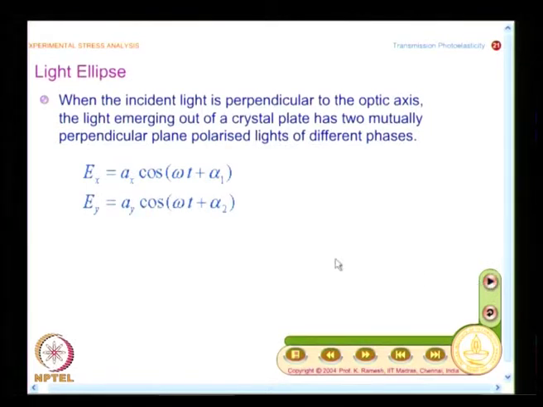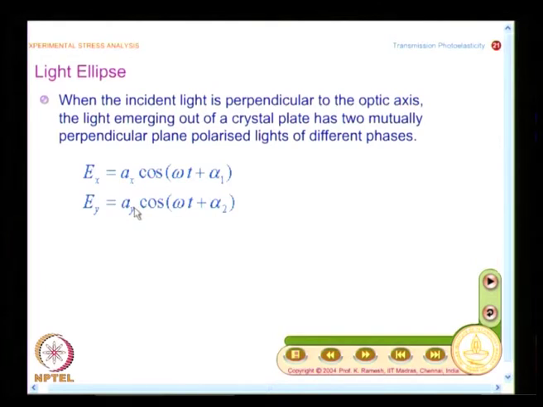So, I have 2 beams of light, one is given in the x direction, you call it E x equal to A x cos(omega t plus alpha 1), and you call the other wave E y equal to A y cos(omega t plus alpha 2). So, this has one amplitude, this has another amplitude, the amplitudes are not the same.